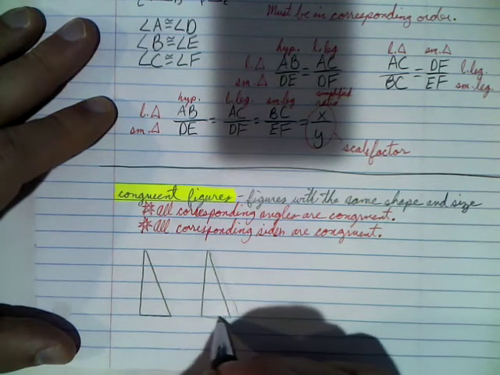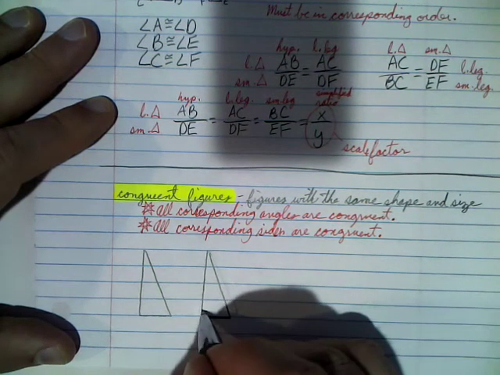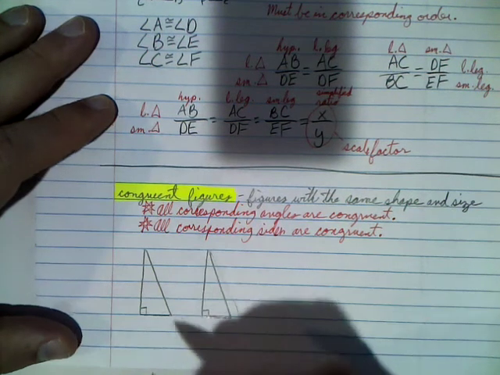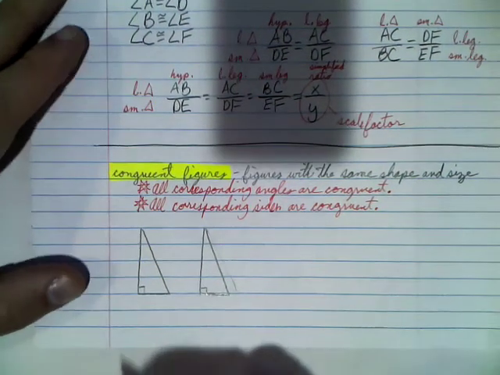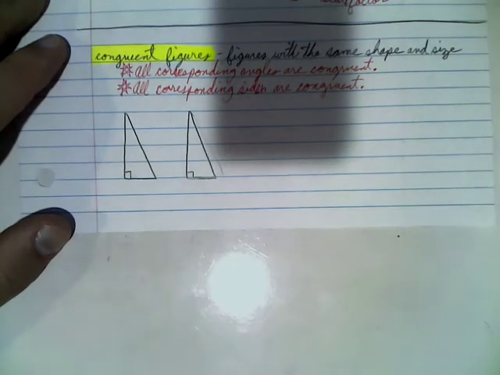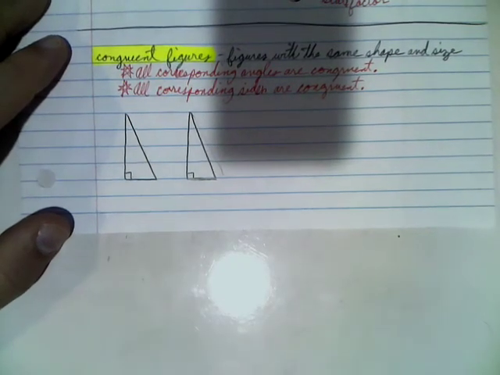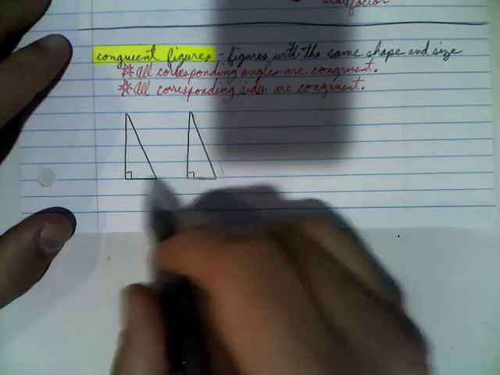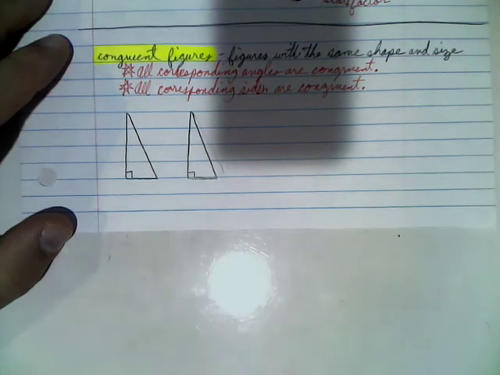Now, because there can be human error when we draw, it is important to note that in geometry, you are only allowed to assume what has actually been marked on your paper. So if nothing has been marked as congruent, then you can't assume they're congruent. Now, these are both marked as right angles. You can go ahead and assume that they are congruent.